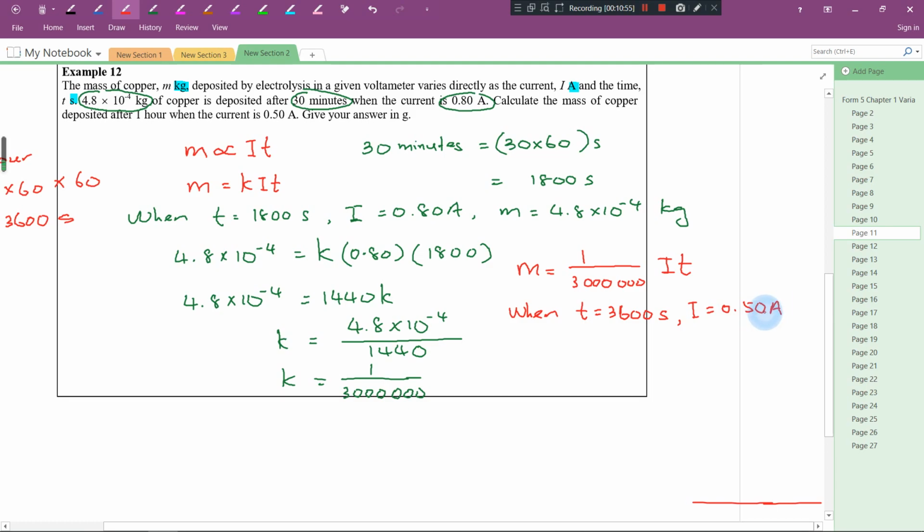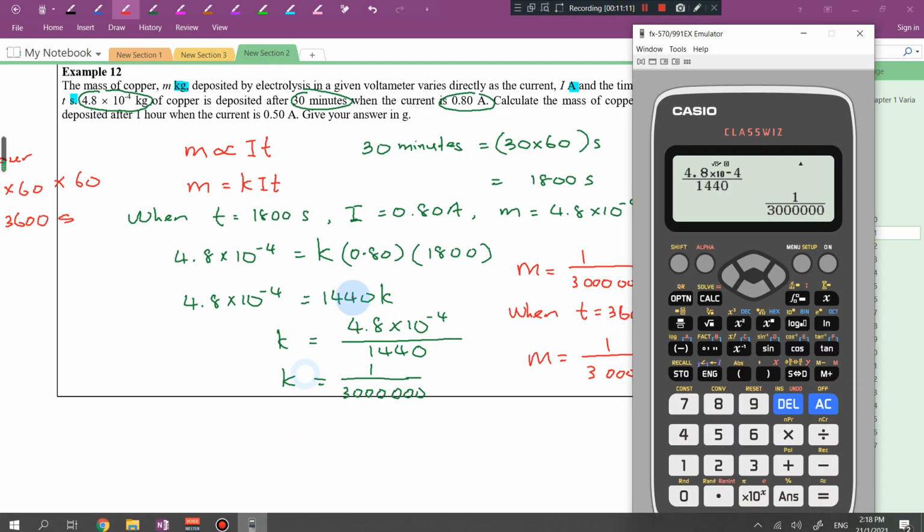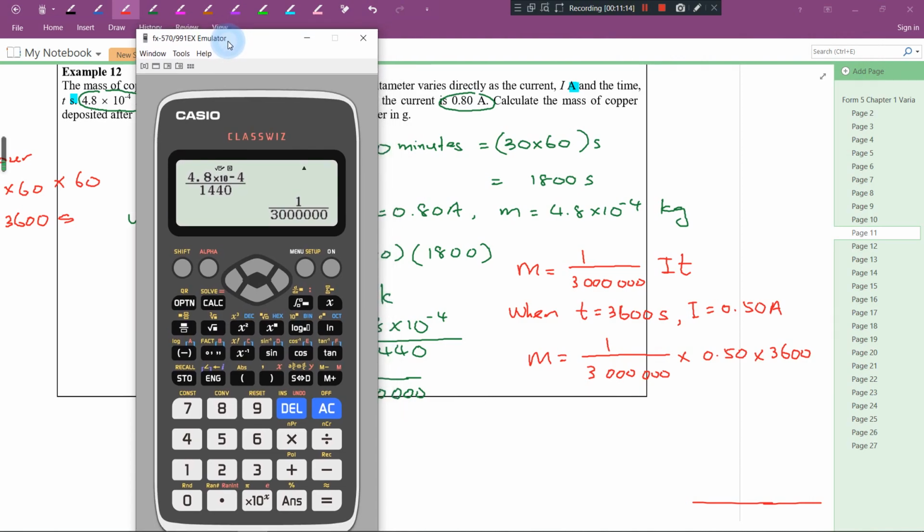So now I want to find what is the value of M. M is equal to 1 over 3,000,000 times 0.50 times 3600.